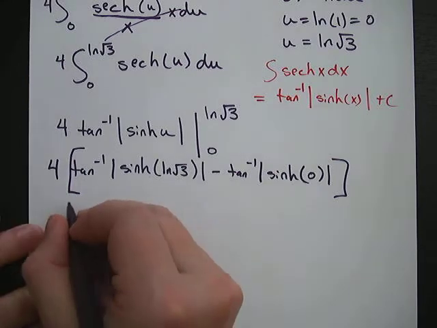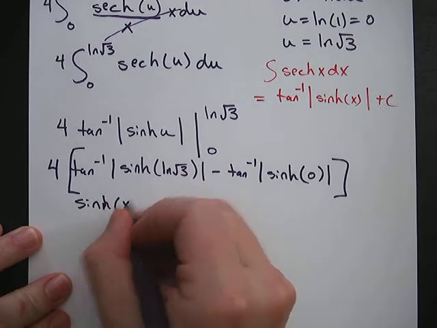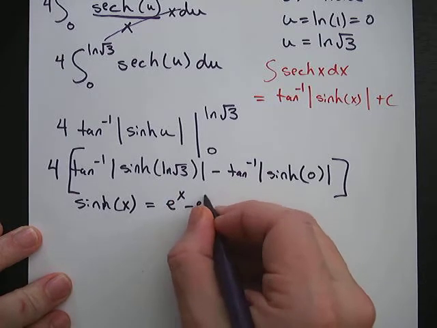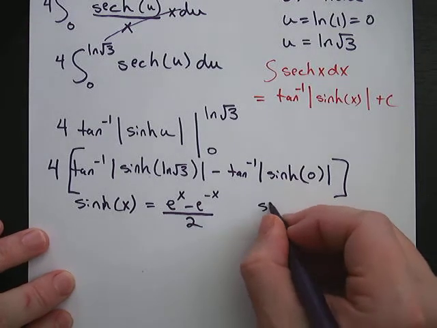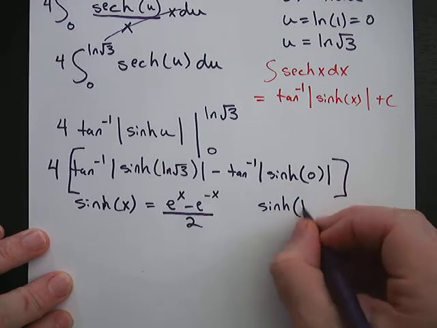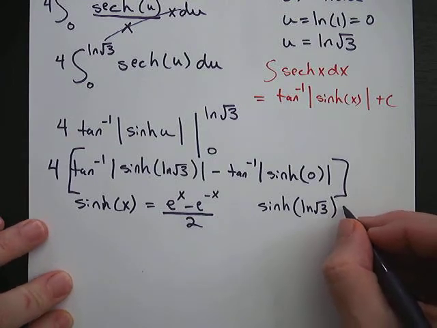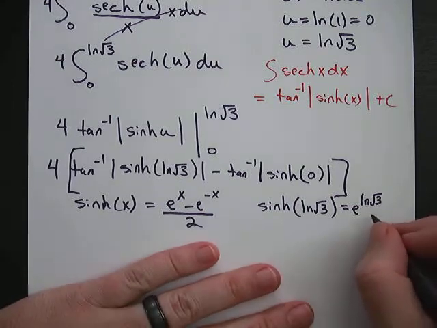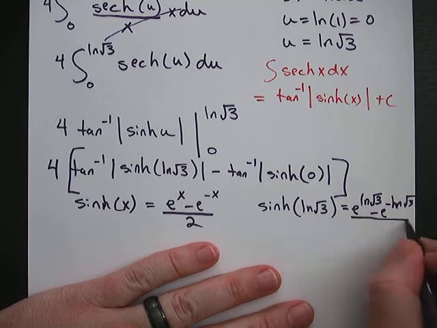Okay, so we know that the definition of the hyperbolic sine of x is equal to e to the x minus e to the negative x over 2. Okay, so if I plug in sine hyperbolic ln square root of 3, that's going to give me e to the ln square root of 3 minus e to the negative ln square root of 3 all over 2.